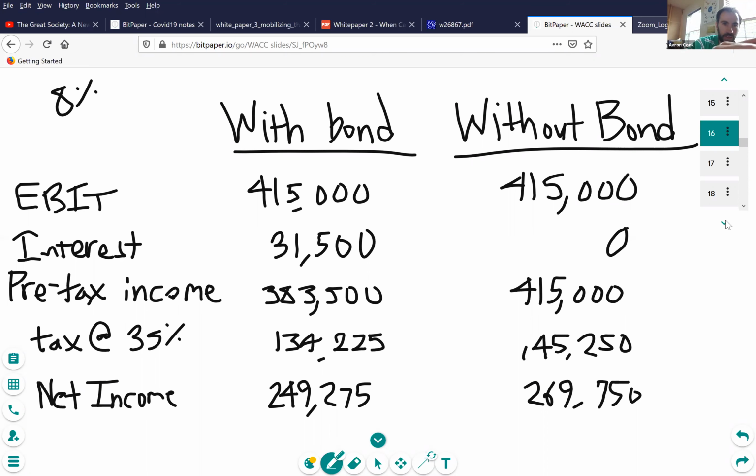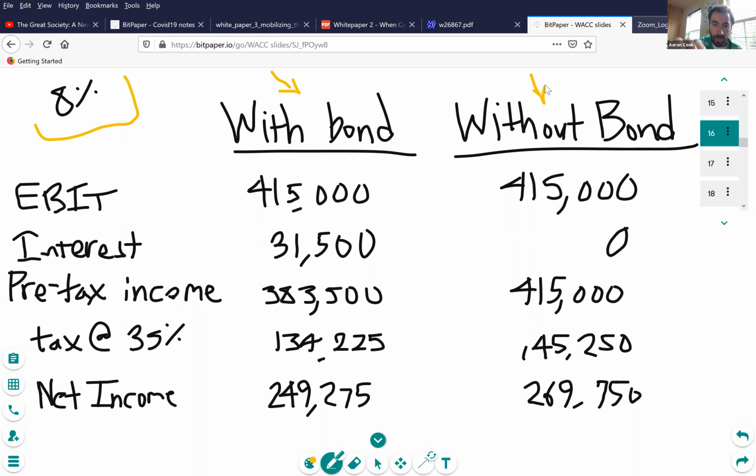So 8% was the required rate of return on that debt. We looked at it on the exam. We had 2 scenarios. One in which the firm financed its activities with borrowing, with a bond, and we looked at the case where it financed its activities without a bond.